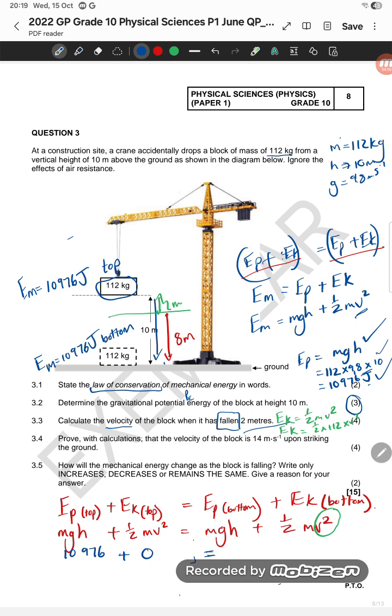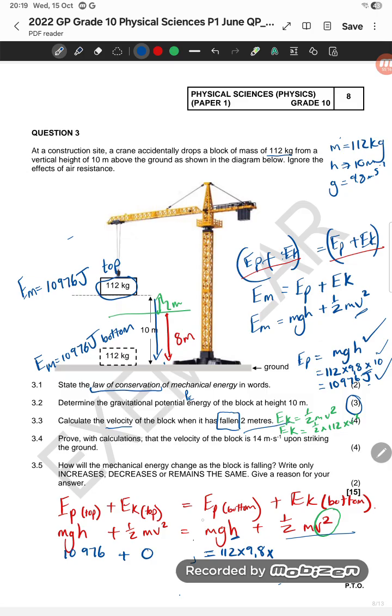Okay, then at the bottom, well, we're not right at the bottom. Then I've got m, which is still 112 times 9.8, but it's going to change from potential to kinetic over here. Why?